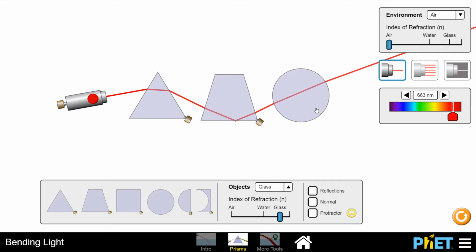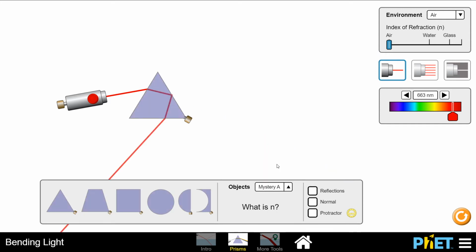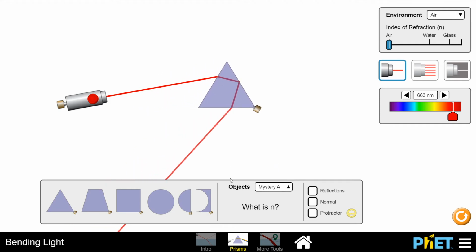One interesting feature about the simulation is that of the mystery object. Once enabled, we are presented with a question. What is n, the refractive index of the prism?